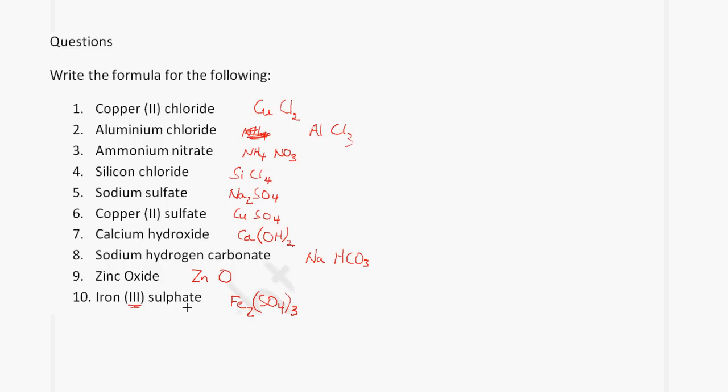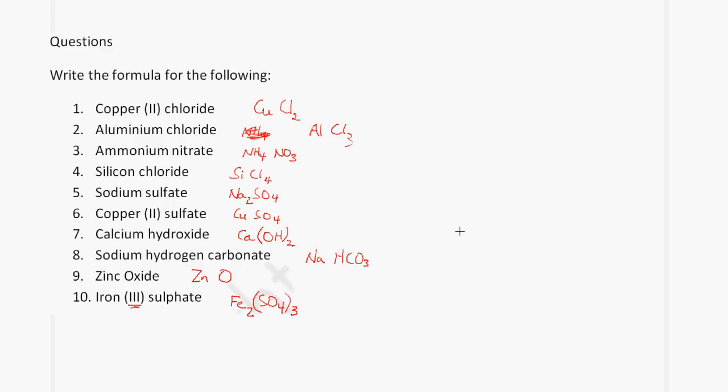Now you should practice these questions so that you understand how to write the chemical formulae. I have written the answers here. What you can do is write it in the form like I showed you in the previous examples. So for example, if we're looking at number 10, iron(III) sulfate, we'll have to write FeSO4.